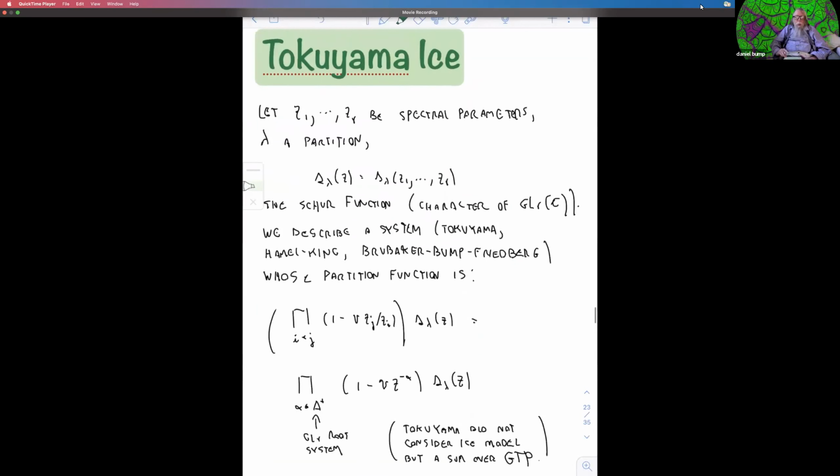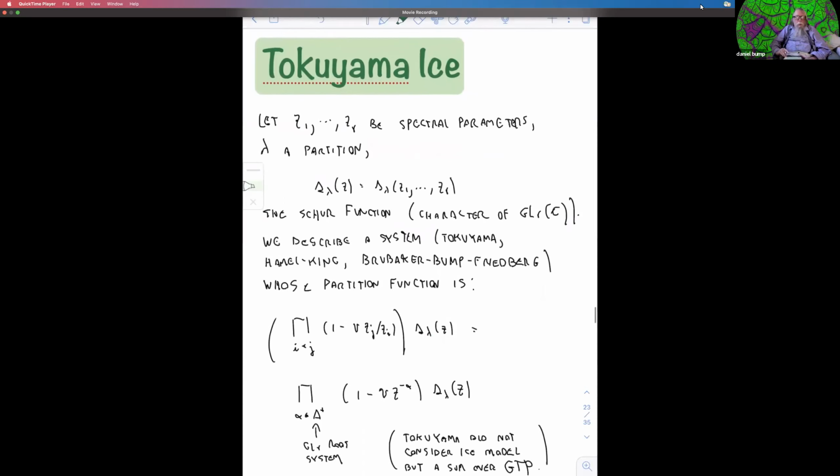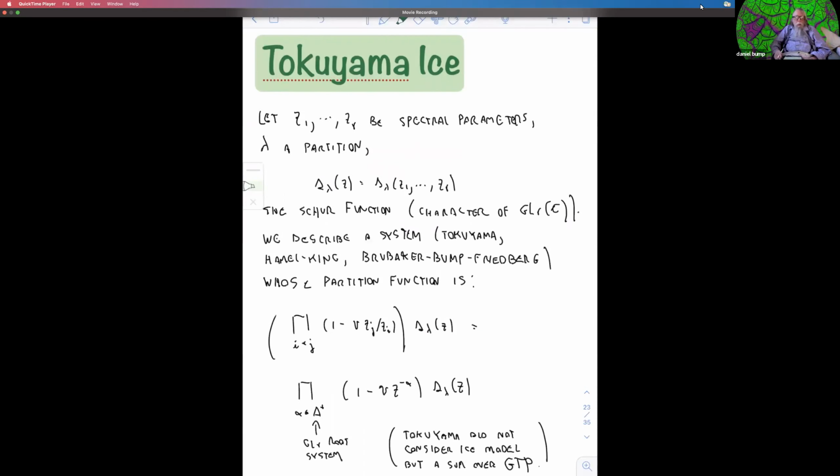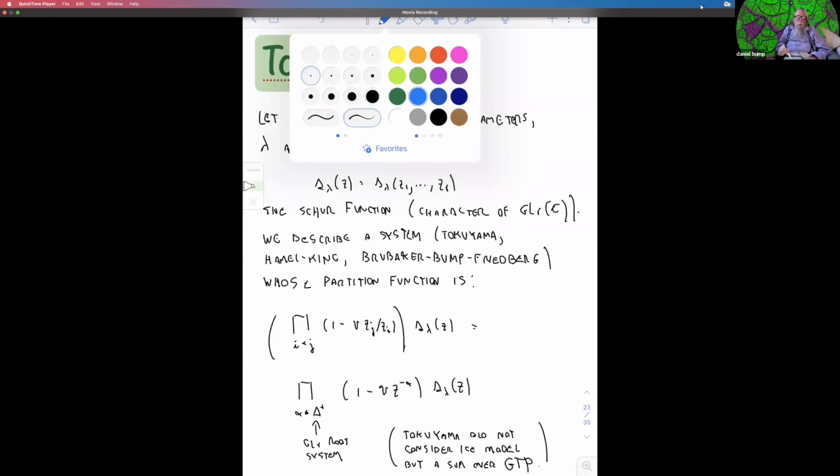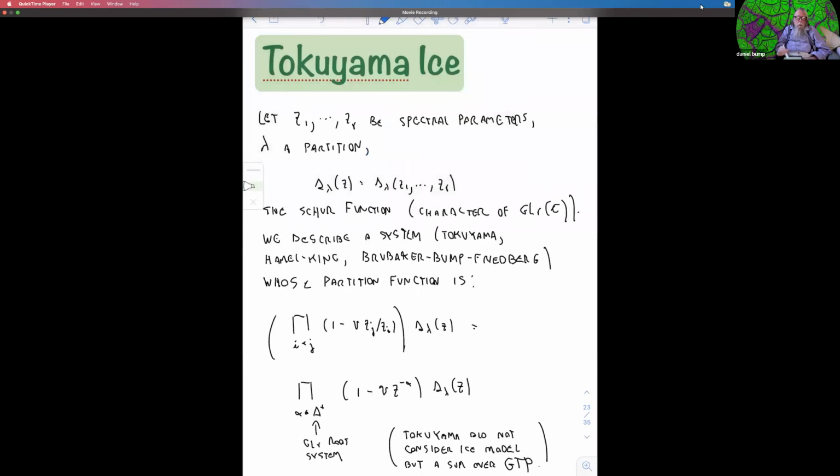Okay, I'm going to talk about something called the Tokuyama lattice. The name Tokuyama is underlined in red here because Notability thinks I misspelled it. But anyway, we have spectral parameters, which we'll call z1 up to zn, and then we have the Schur function, Schur polynomial.